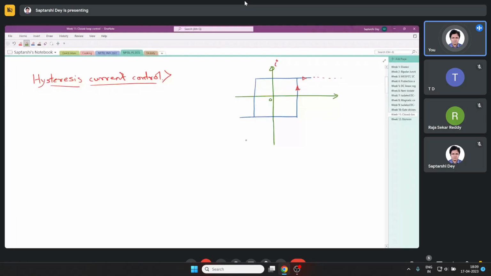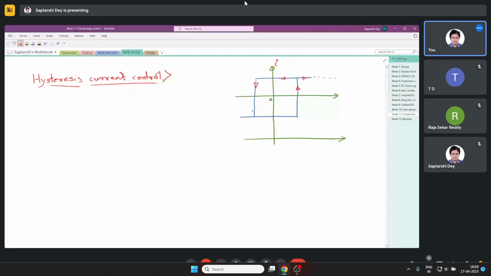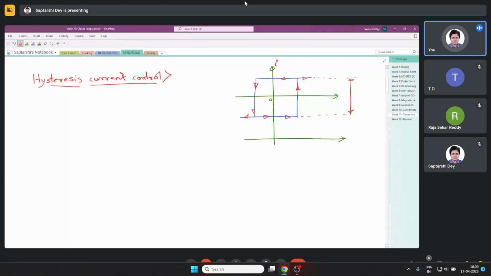The current can be completely positive also. And then when you let the current reduce, it comes here, then goes there, once again it tracks back this path. So this band is always obeyed by the current. This is called hysteresis current control.